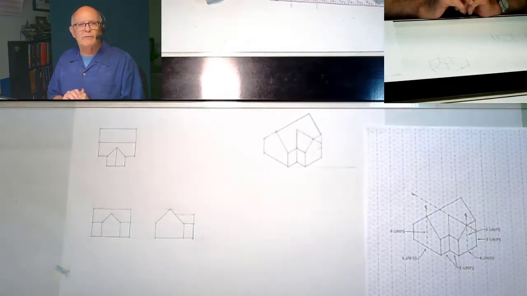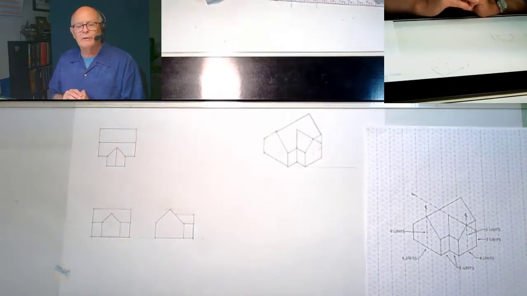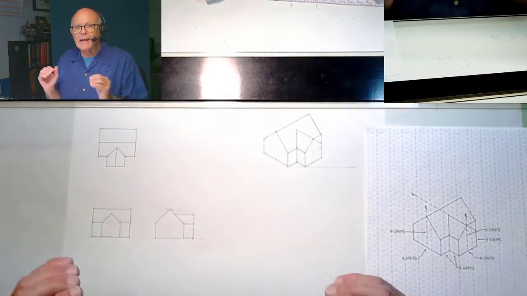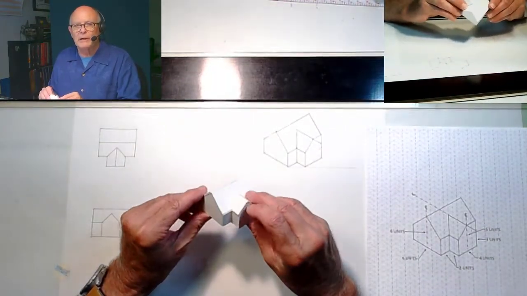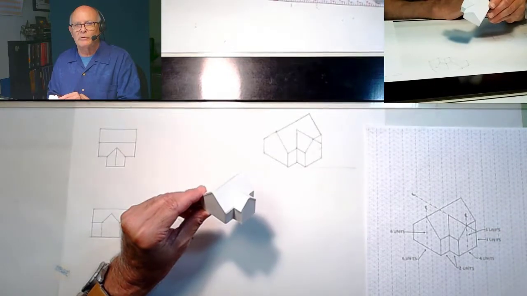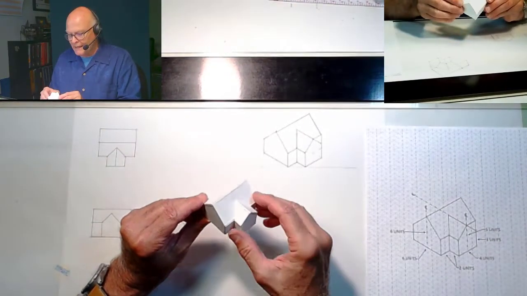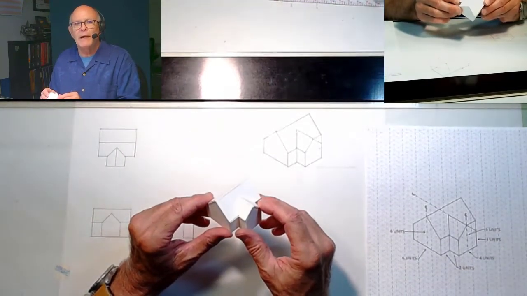Now, if you'll remember, the isometric used a 30-degree angle off the horizontal, so in this particular case, that was an orientation like this. As we move forward with a plan oblique, we're getting a much steeper view of the object.